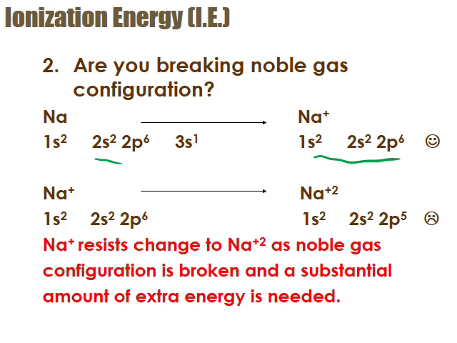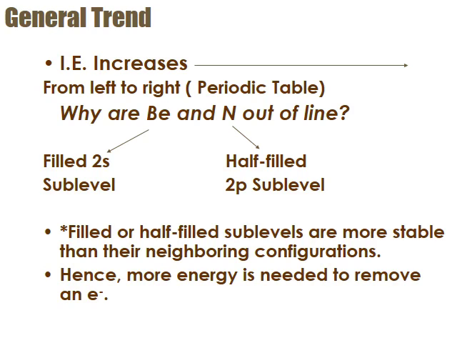And from sodium plus to sodium 2 plus, you're breaking a noble gas configuration, and it doesn't like it. It tries to resist such a change. And that's why there's a substantial increase in ionization energy.